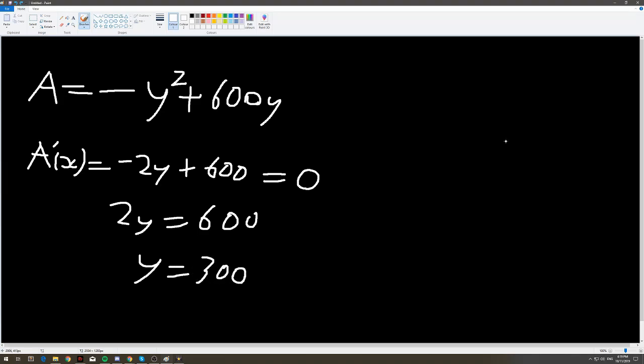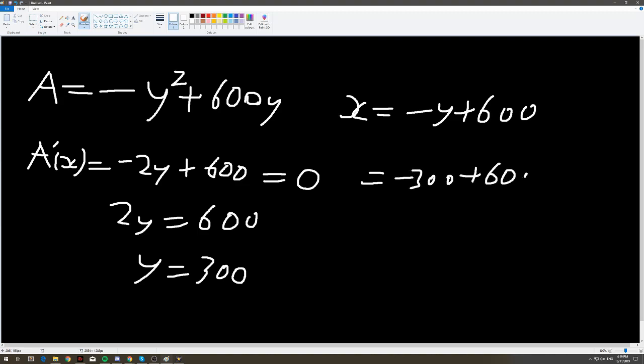So now we know what our value for y is, but we haven't figured out our value for x. And if you remember, our x is equal to negative y plus 600. So we can sub in this y value of 300 in here and then solve for x. So this will become negative 300 plus 600, which would just become 300.